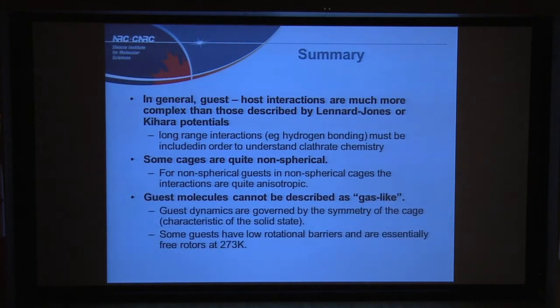And gas molecules cannot really be described as gas-like, as the guest dynamics are governed by the symmetry of the cage, which is definitely a solid state feature, even though some guests have low rotational barriers and are getting close to being free rotors at 273.